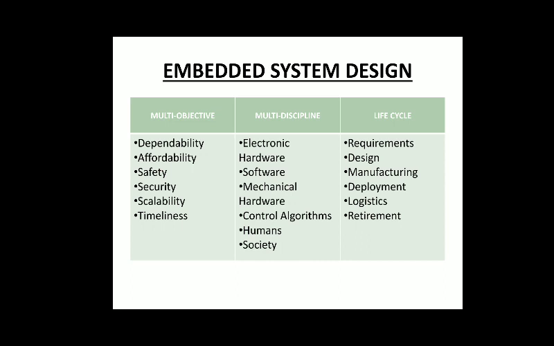And this design can be multidisciplinary. It can involve electronics, software, mechanical, control algorithms, human, society, medical, biomedical, chemical. So these are the disciplines that an embedded system can have. Like a glucometer, which diabetic patients use to determine their blood glucose.